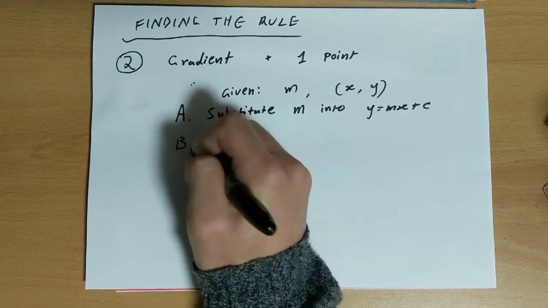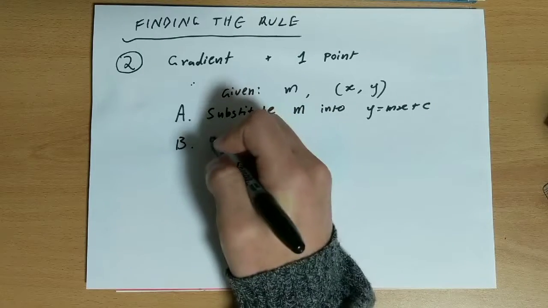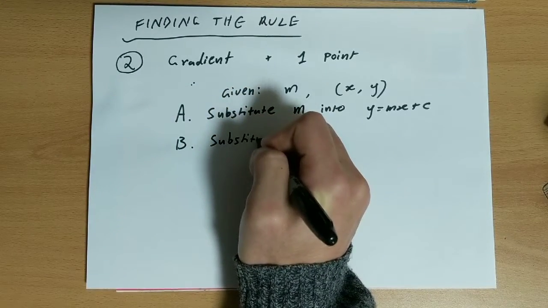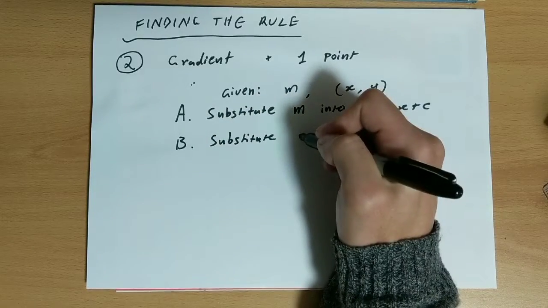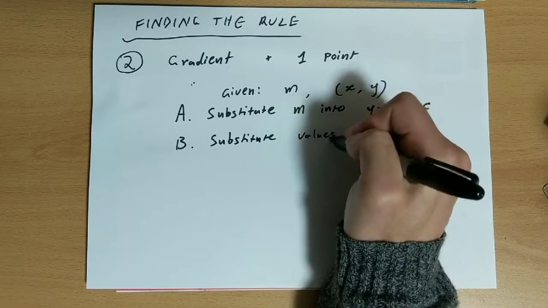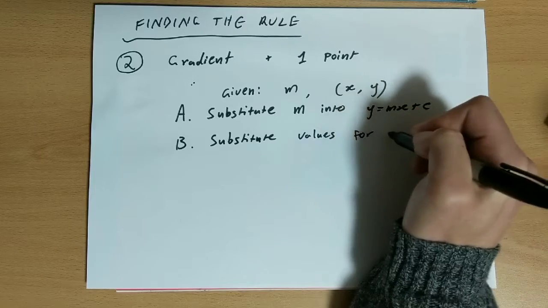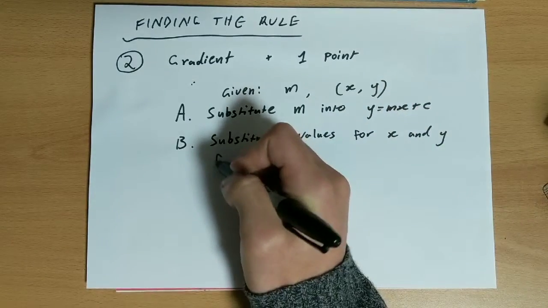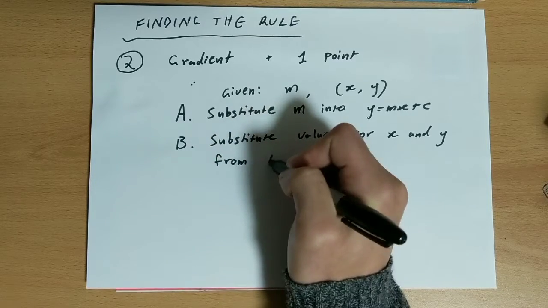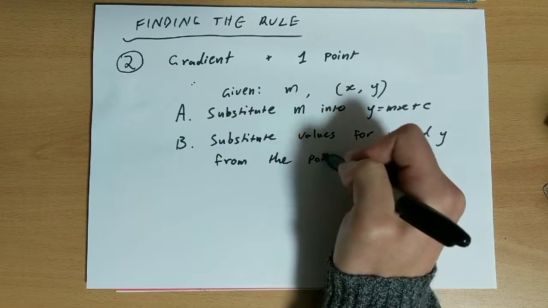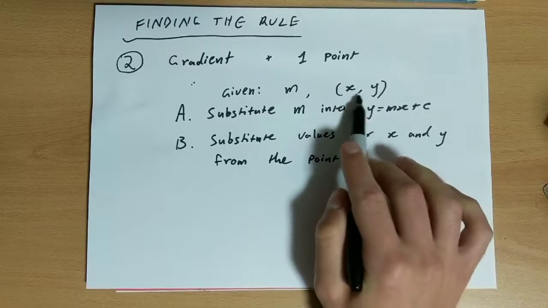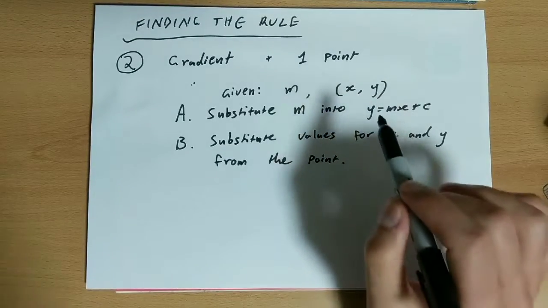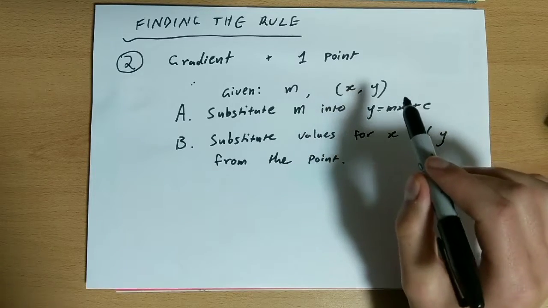To do that, we're going to next substitute values for x and y from the point. So we're going to take this point that we're given, and we're going to say this point lies on the graph, on the line that we're looking for.